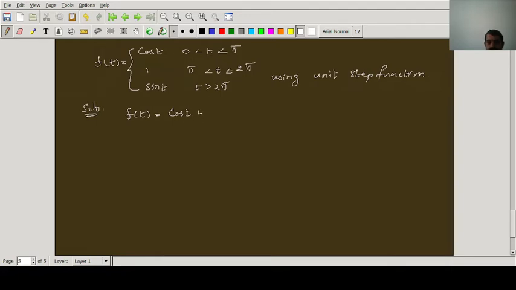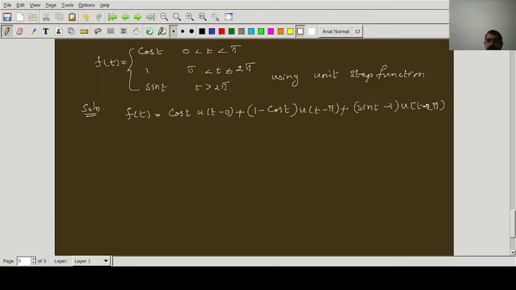Otherwise we must write u of t minus 0, plus the next one, (1 minus cos t) into u of t minus pi, the upper limit, plus we must subtract these two, (sin t minus 1) into u of t minus 2 pi.